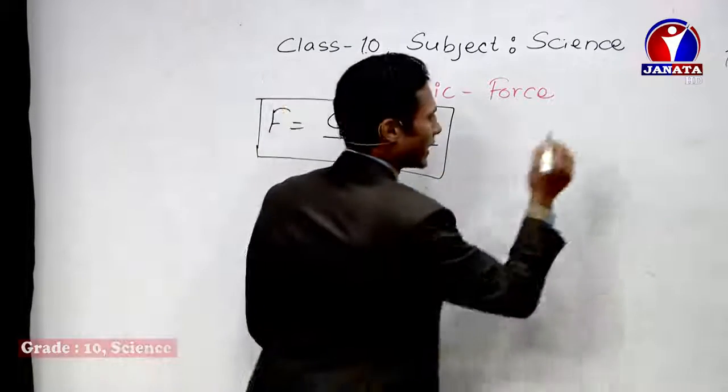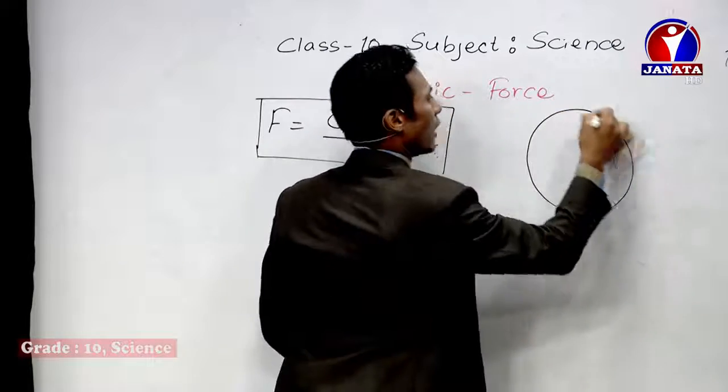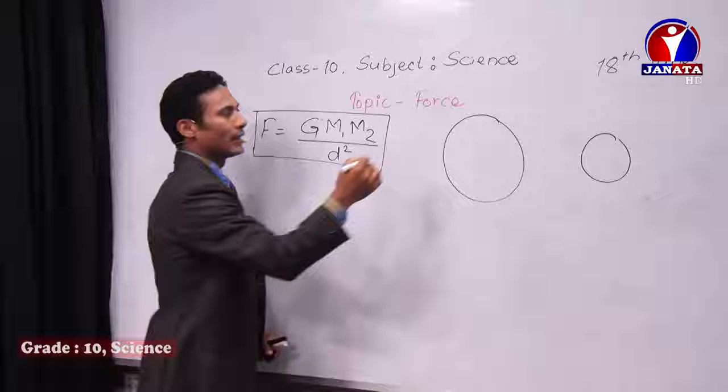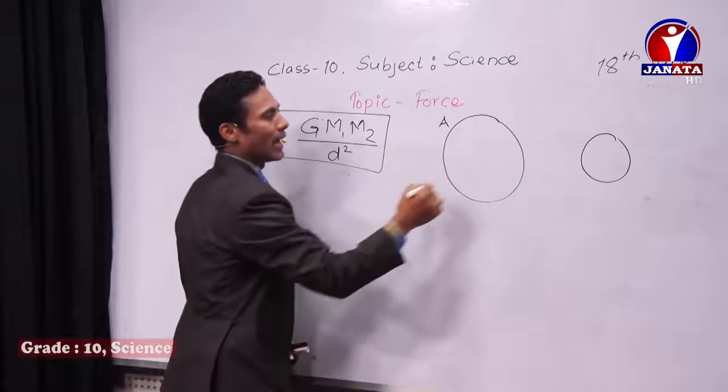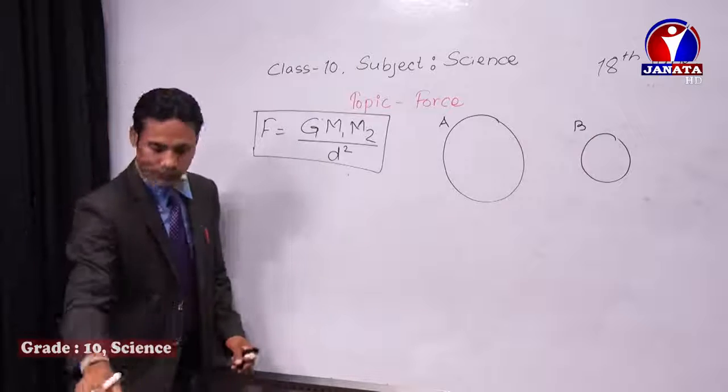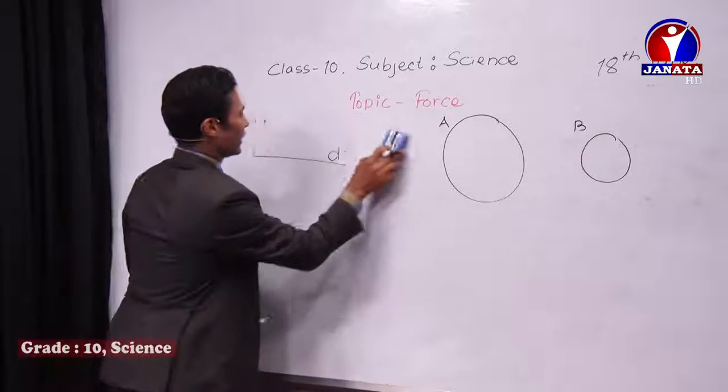So let's draw the two objects here, and say this object is A and this object is B. This we are going to derive.